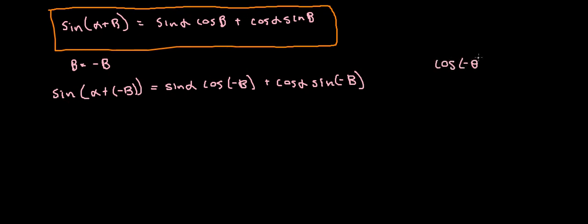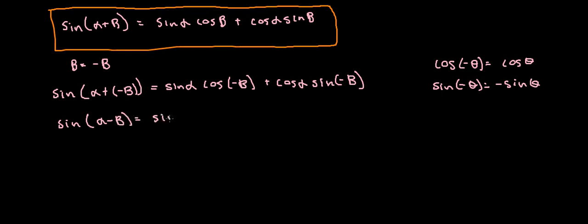Cosine of minus theta is equal to just cosine theta. Sine of minus theta is equal to minus sine theta. So I use these properties to rearrange this formula. Sine alpha minus beta is equal to sine alpha cosine of minus beta, which is just cosine beta.